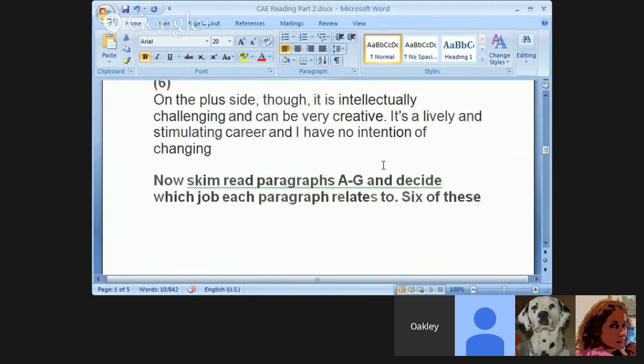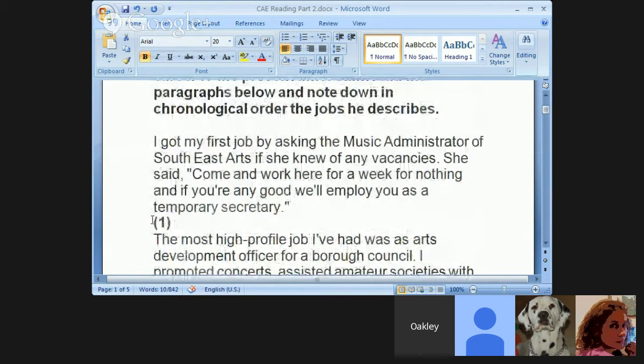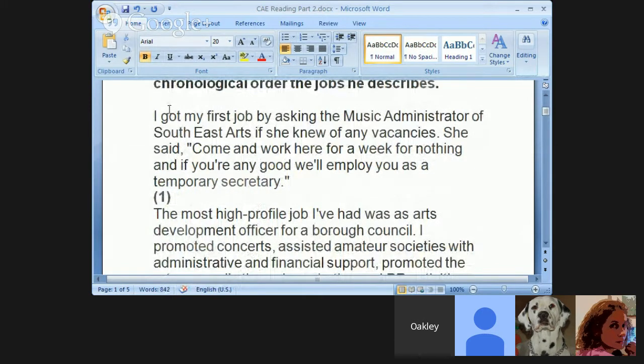Absolutely. Okay, just to get an idea where things are, kind of real quick. Notice the first gap is after the first paragraph. Okay. So I got my first job, a music administrator, whatever that is.